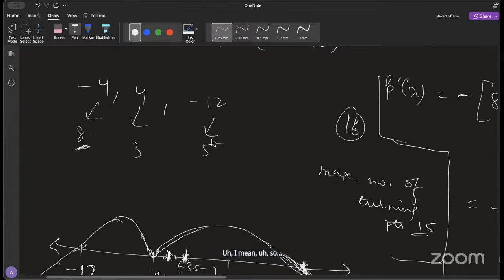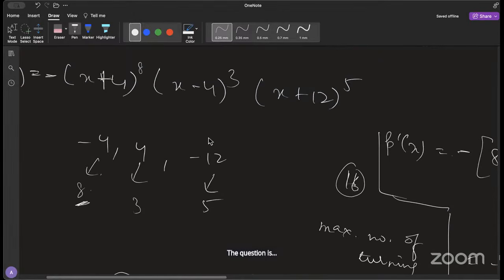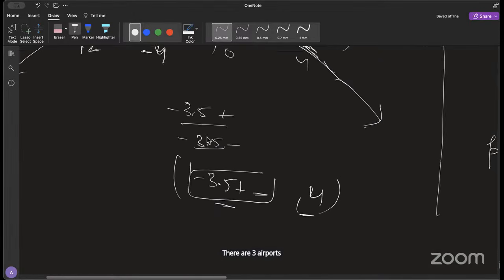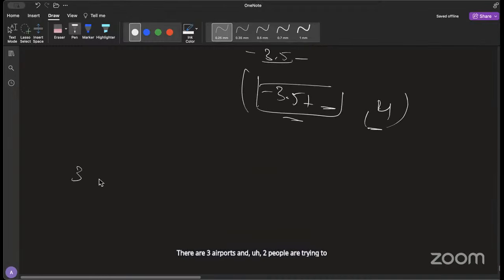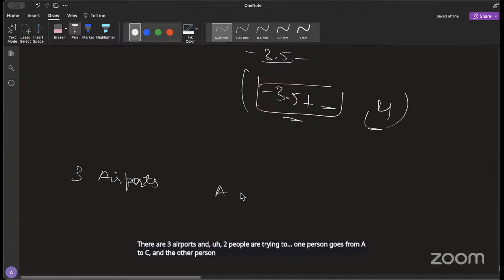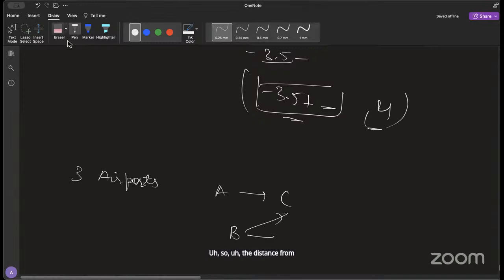So the question is, there are 3 airports and 2 people are traveling: one person goes from A to C and the other person is going from B to C. The distance from A to C is 1200 kilometers, and the flight slowed down, so its average speed got reduced by 200 kilometers per hour, and therefore the time increased by 30 minutes.